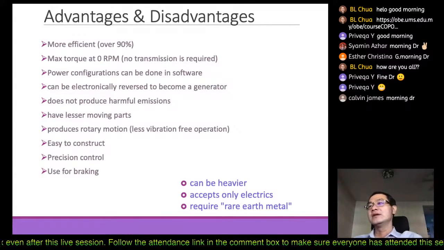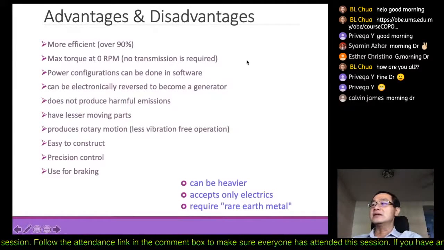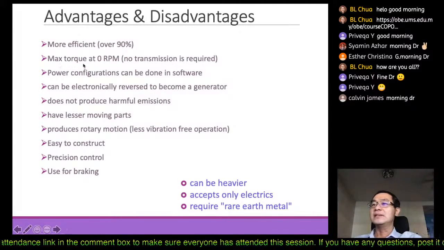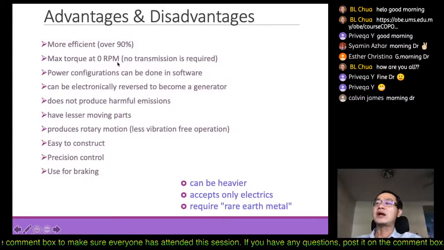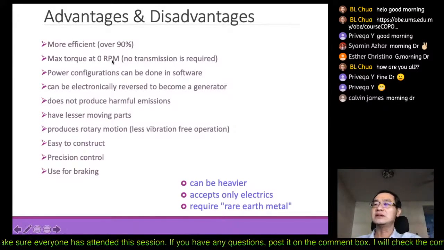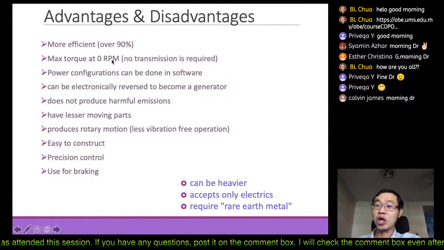There is also a maximum torque at 0 RPM. This is desirable because it can stop.